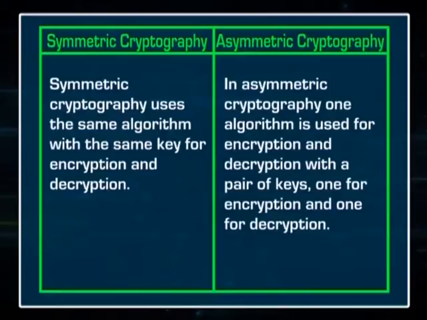symmetric encryption. The table shown on the screen compares symmetric and asymmetric cryptography. Symmetric cryptography uses the same algorithm with the same key for encryption and decryption. In asymmetric cryptography, one algorithm is used for encryption and decryption with a pair of keys, one for encryption and one for decryption.